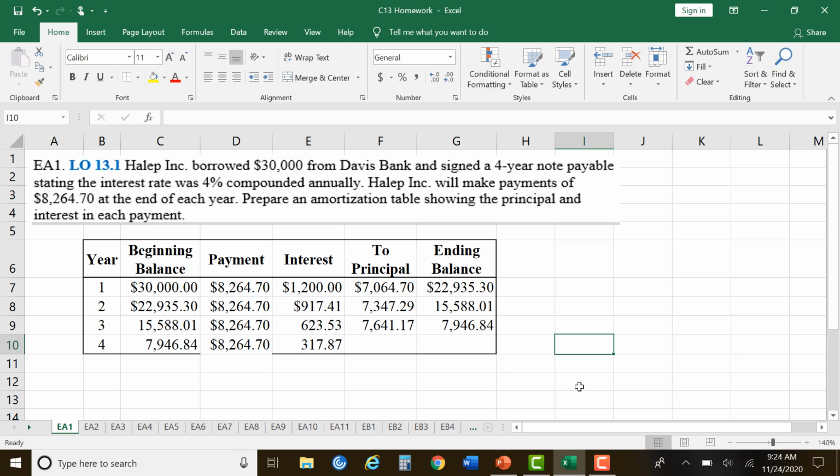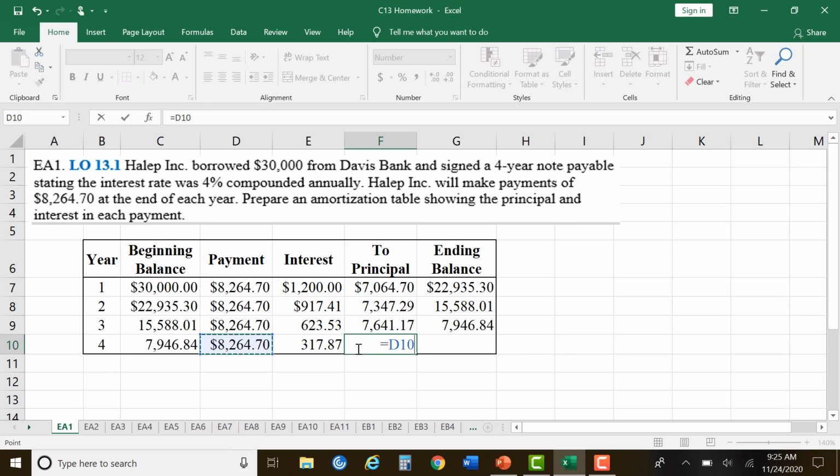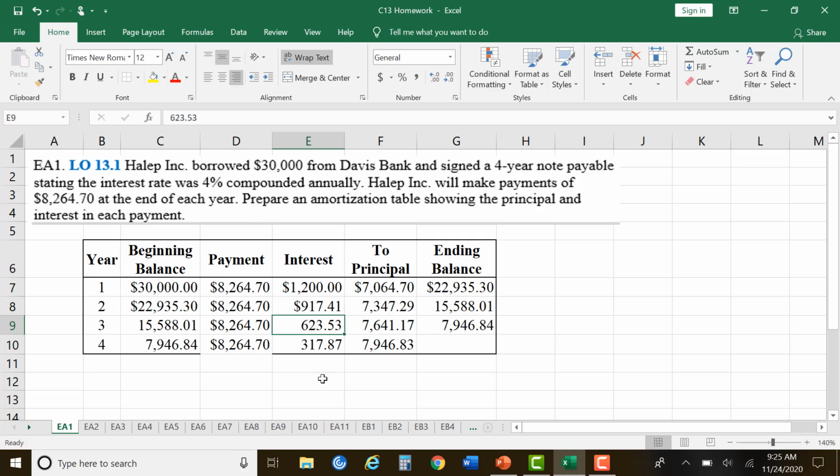Okay. So we've got the original payment minus the interest. That's what's going to go to principal. So that minus that equals $7,946.83. And we've got a little bit of rounding issues just because it's a little different up here.